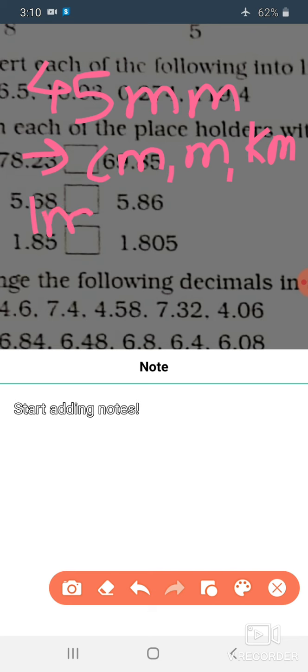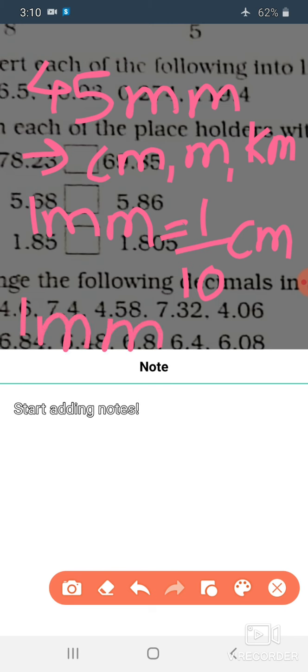1 millimeter is equal to 1 upon 10 centimeter. 1 millimeter equals 1 upon 1000 meter. Take it.